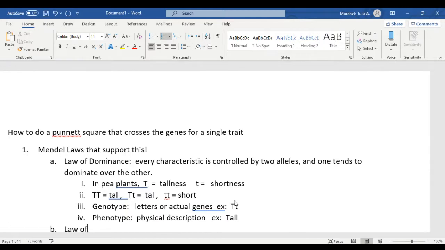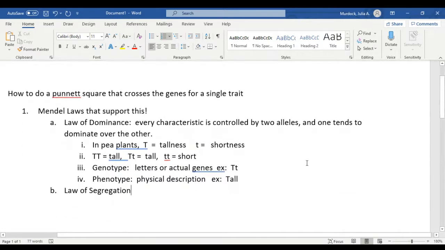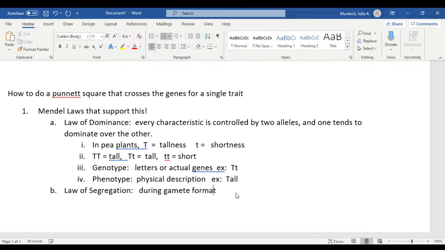The law of segregation is the next one. Law of segregation means that during gamete formation, and again, he didn't know that this was meiosis. He had no idea.